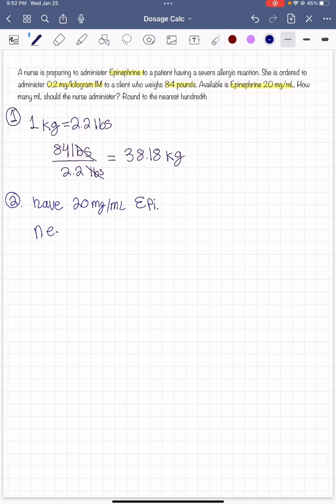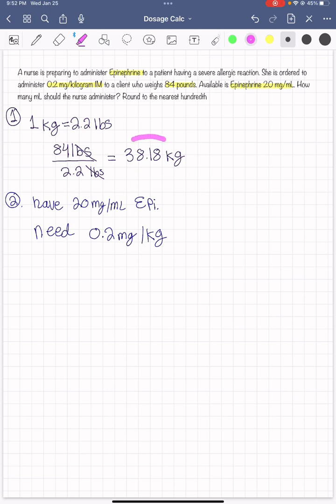We need to administer 0.2 milligrams per kilogram. So, how are we going to find out how much we need to administer? Well, it's per kilogram. How many kilograms does our patient weigh?